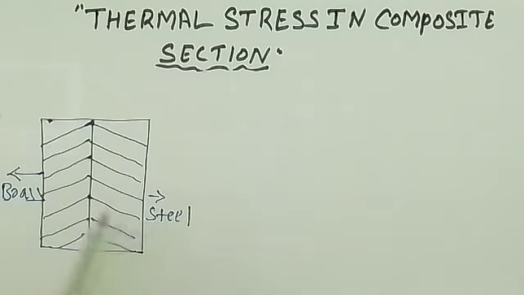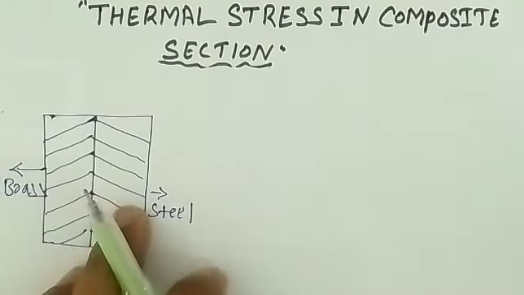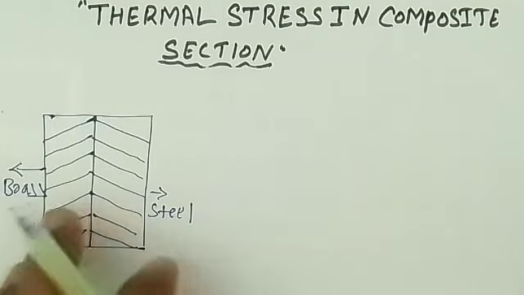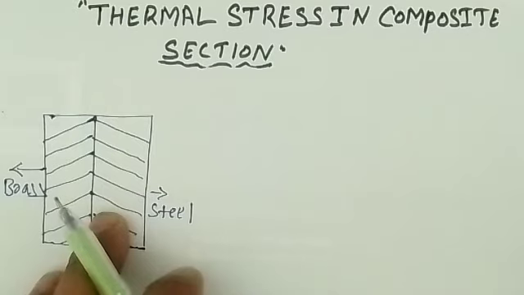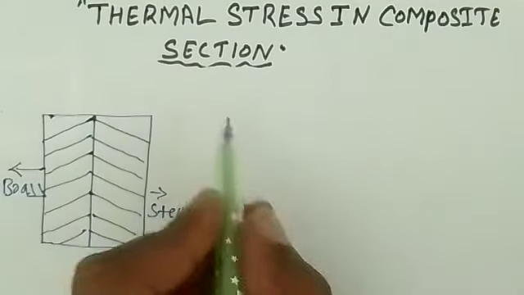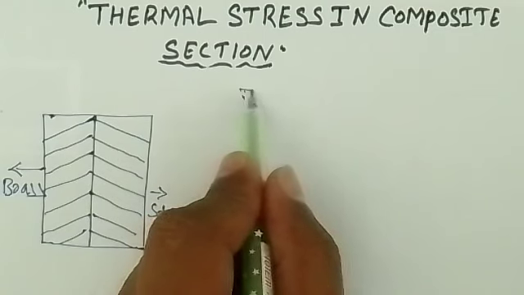The brass has a more coefficient of linear expansion than the steel. So when it is subjected to temperature changes, the brass will expand more as compared to the steel. The next figure, after expansion, the body will be like this.